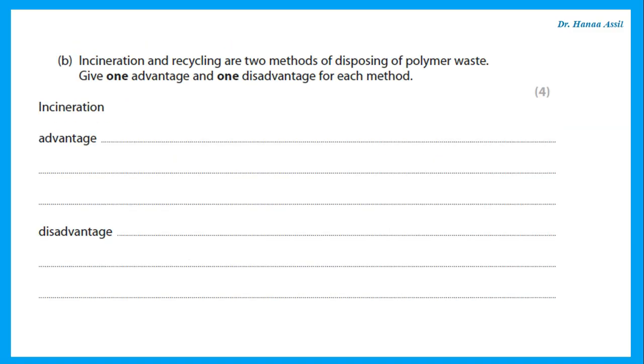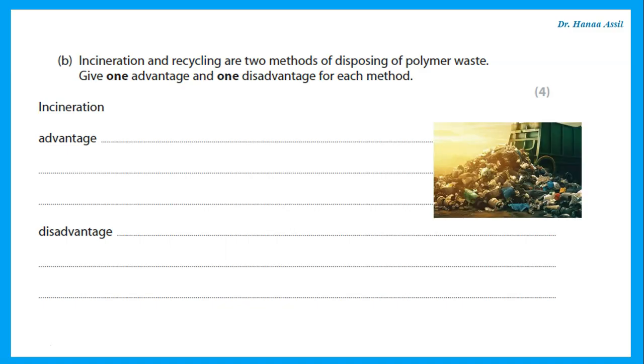Incineration and recycling are 2 methods of disposing of polymer wastes. Give one advantage and one disadvantage for each method. So incineration means I'm going to burn the polymers. Of course, the advantage of that would be to prevent accumulation of waste.